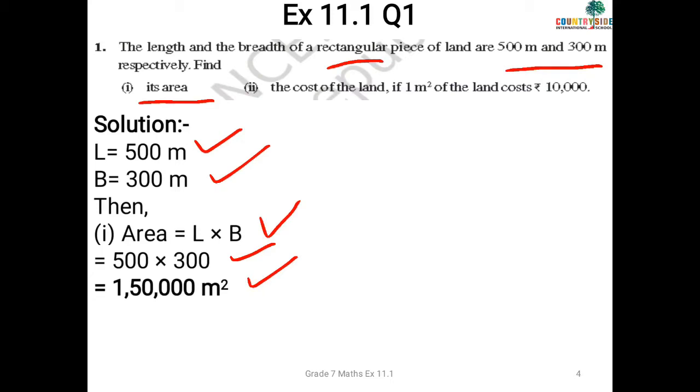Now the second part, the cost of the land. If 1 meter square costs 10,000, and we have 1,50,000 meters square.